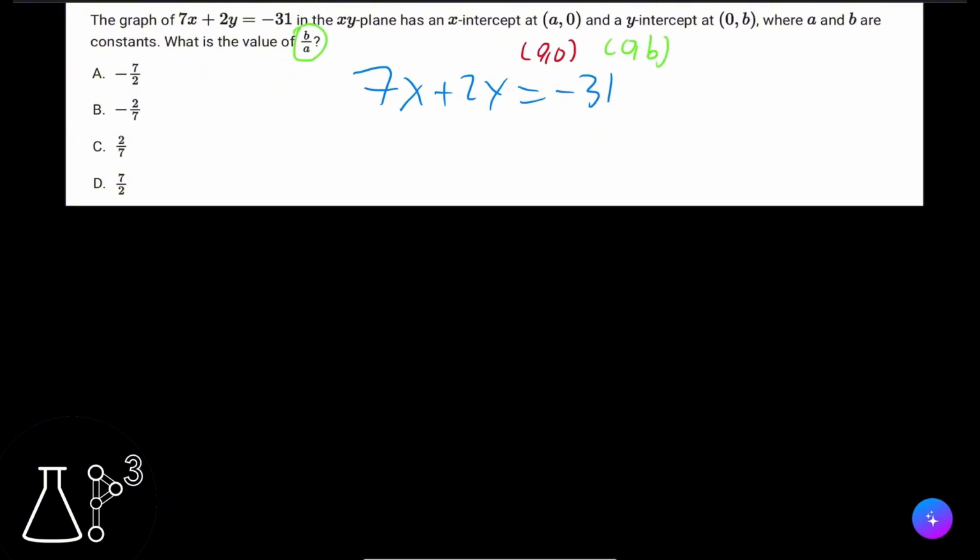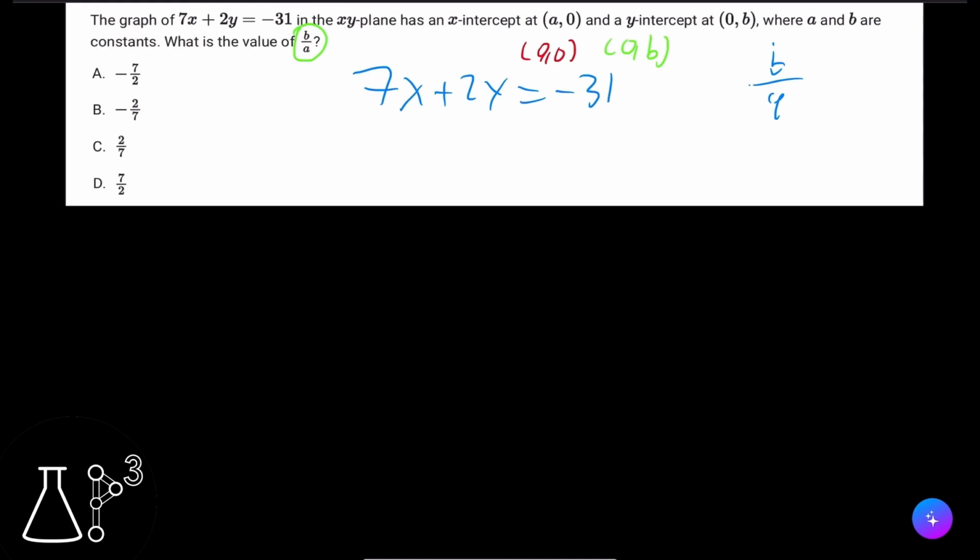Because it's set in the x and y variables, it might look a little bit confusing. But all we're doing for this type of question is plugging in 0 for y to find a, the x-intercept, and then 0 for x to look for b, the y-intercept, and then dividing b by a to figure out the value.